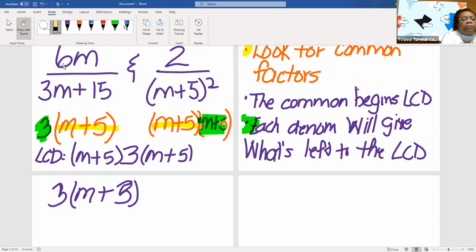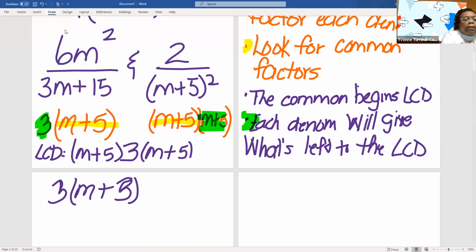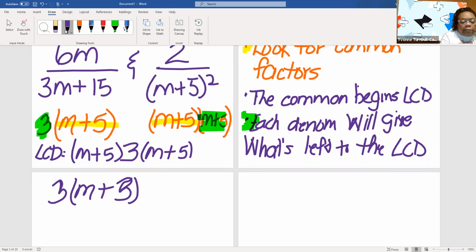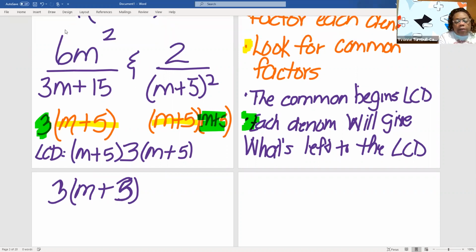I don't know why it's not erasing. I'm not going to worry about it. All right, we know that's the 5. And of course, we're going to square. So that's my LCD. 3 times n plus 5 squared. That's the LCD.